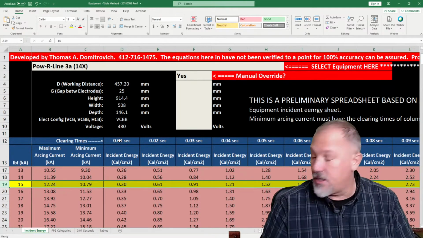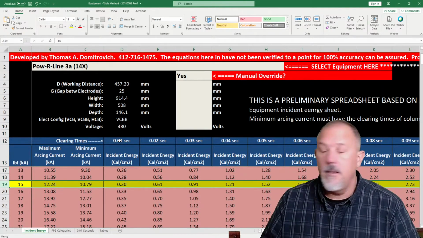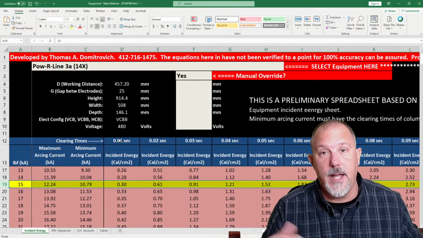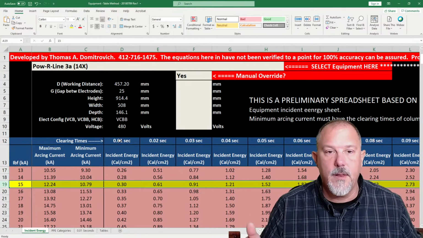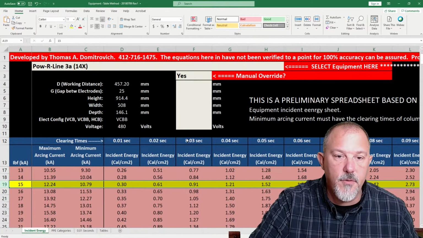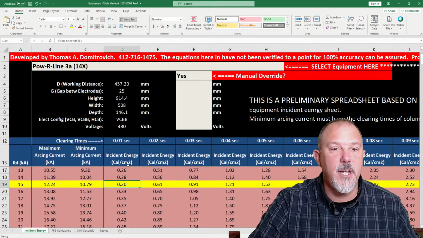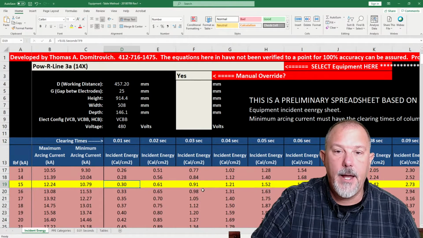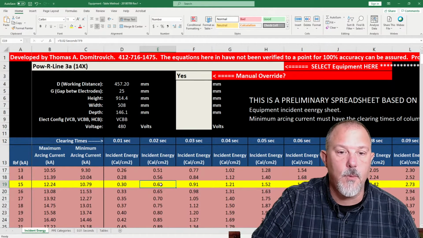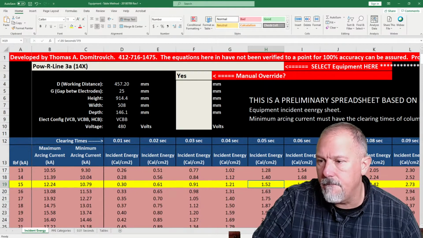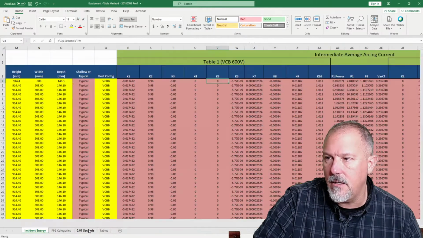Actually, 0.008 is a half cycle, so 0.01 seconds is still greater than a half cycle. But let's take a look at what time does. 0.01, 0.02, 0.03. My incident energy at 0.01 is 0.3 calories per centimeter squared. At 0.02, it's 0.61, and then it goes to 0.91, to 1.21, to 1.52.